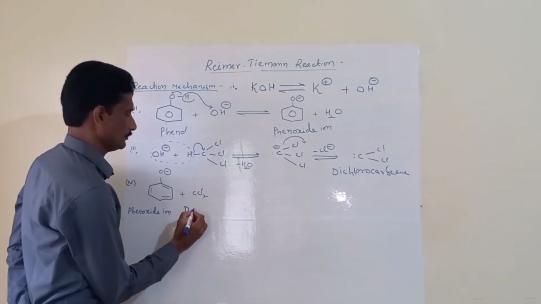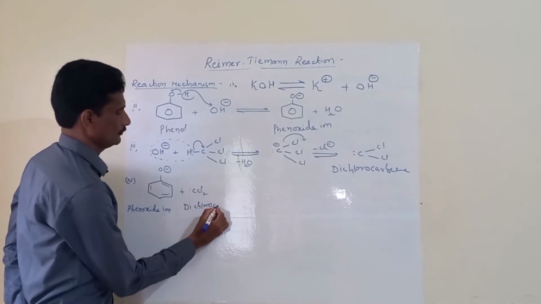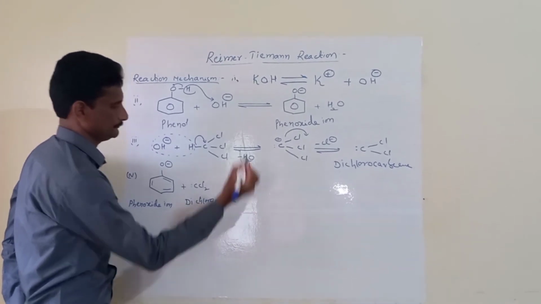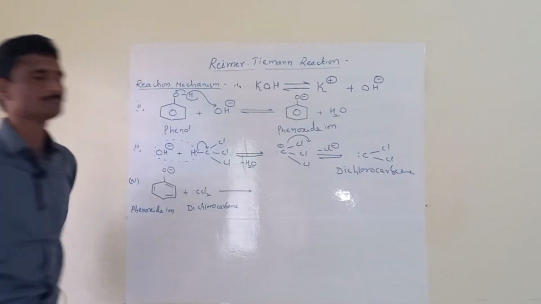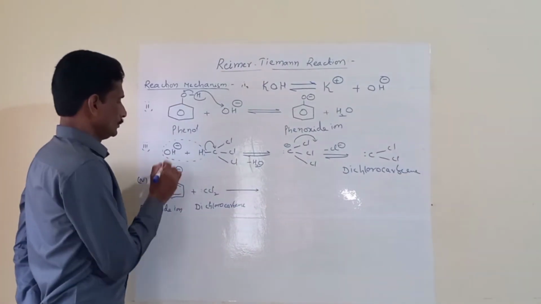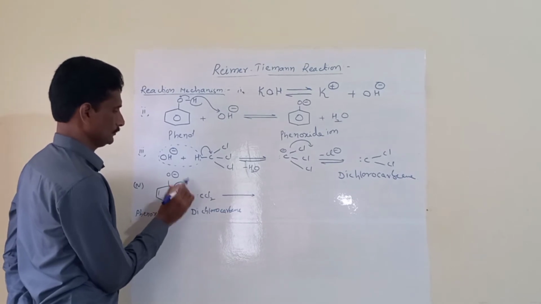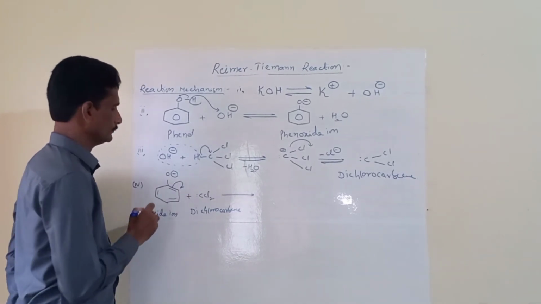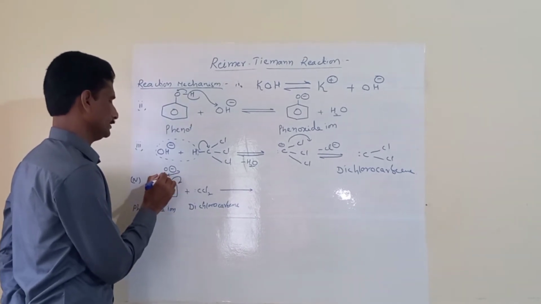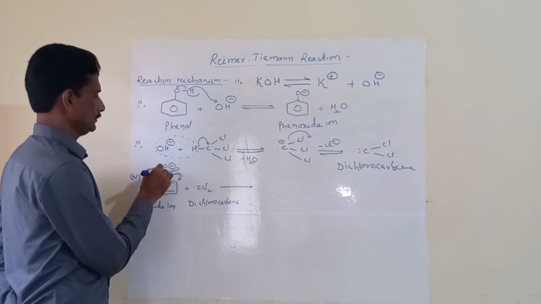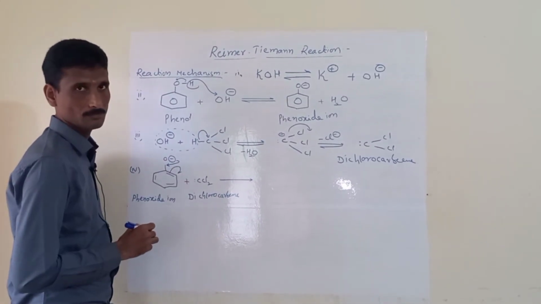This is dichlorocarbene. Next, this pi bond shifts towards this side. This carbon gets a negative charge. Here a positive charge is formed. To neutralize this positive charge, this negative charge shifts this side. So here a double bond is formed. Here a negative charge is formed.